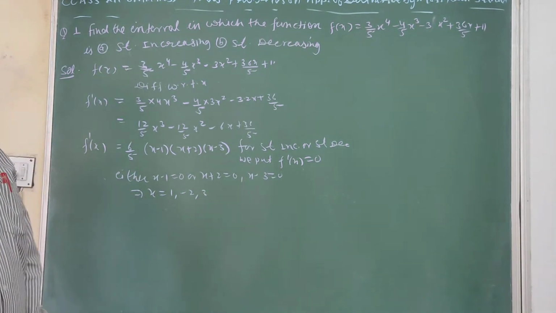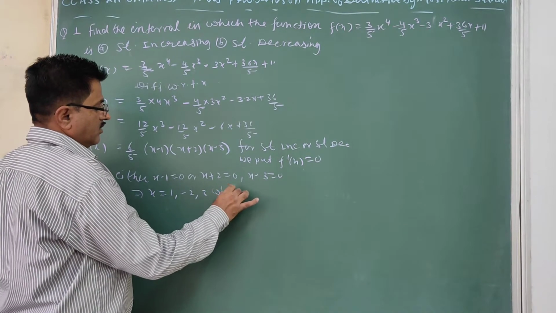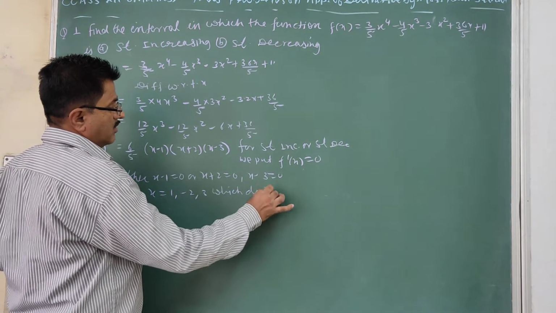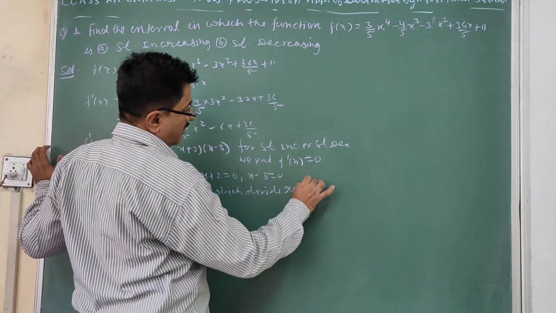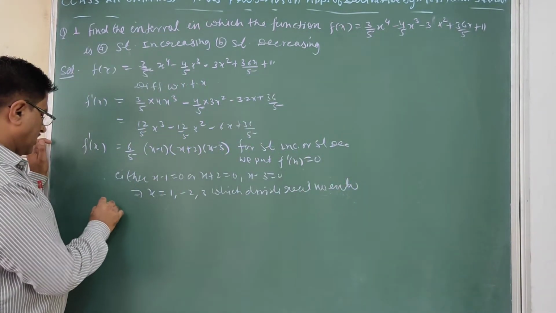So there are three numbers which divide the real number line into sub-intervals.